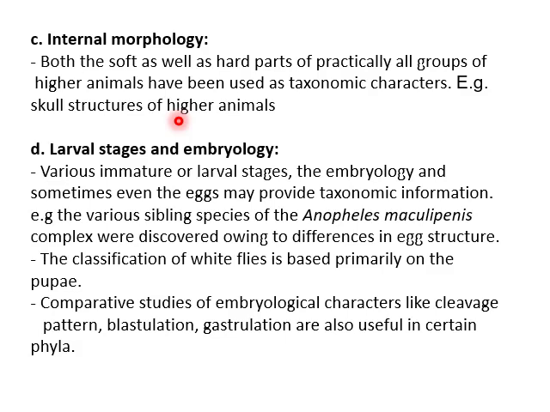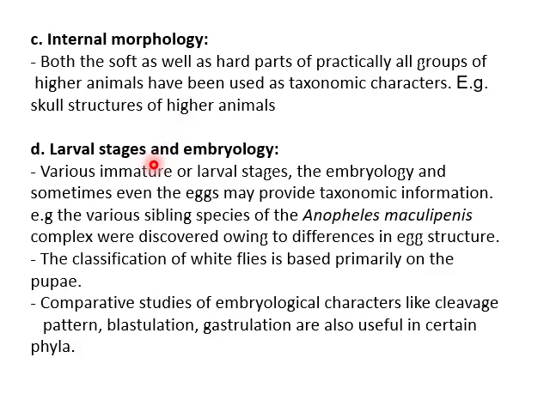In a very simple example, you can check the skull structure of humans or other hominids as well as other mammals. You will see a lot of difference between the skull structures of humans, hominids, and other related mammals.